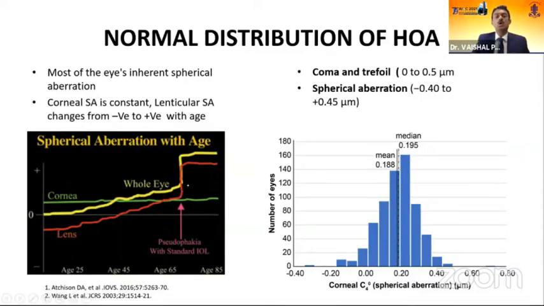Later on, it adds to the positive spherical aberration, thereby deteriorating the image quality. If you see the spherical aberration distribution, this is a Gaussian curve, but it errs more towards the positive side. Almost 80% of the spherical aberration is more than 0 and less than plus 0.4 microns.